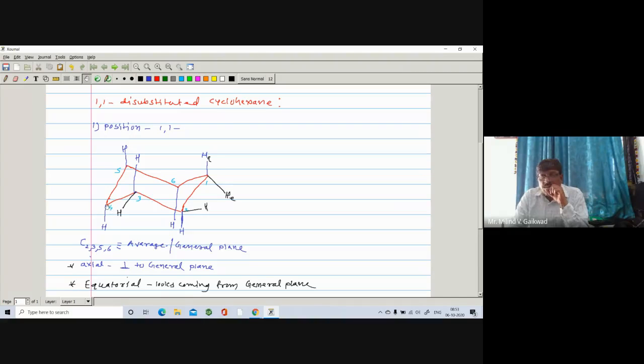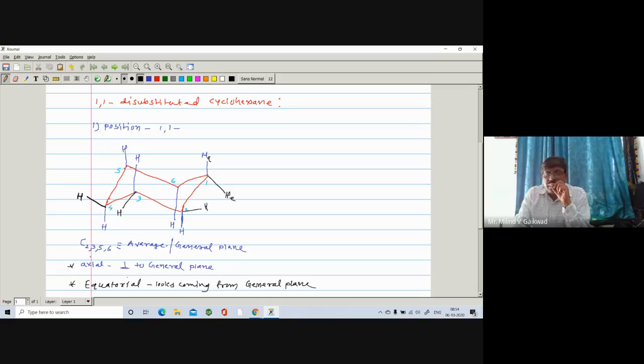So on carbon number 4 you have to draw a line parallel to C5 6. Whatever you feel is easy, you can check. So you draw a line parallel to this one, 5 6. So it is called an equatorial bond, right?